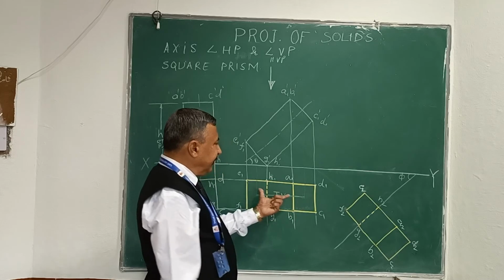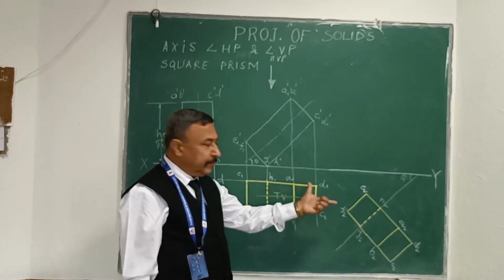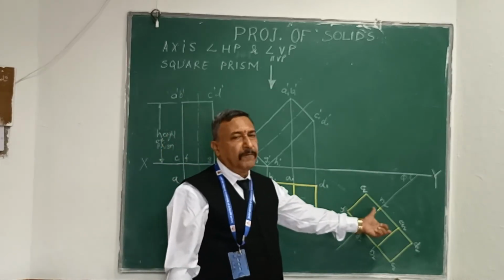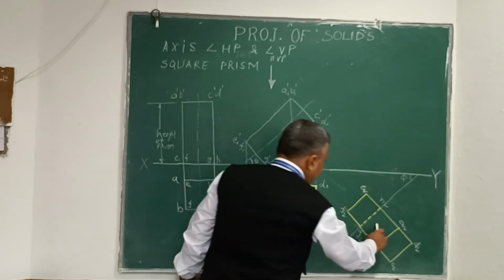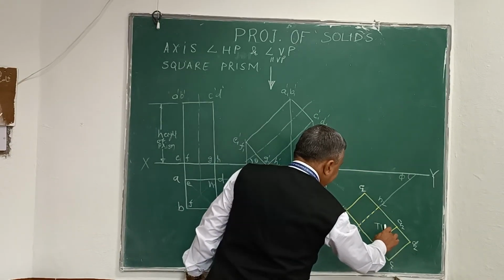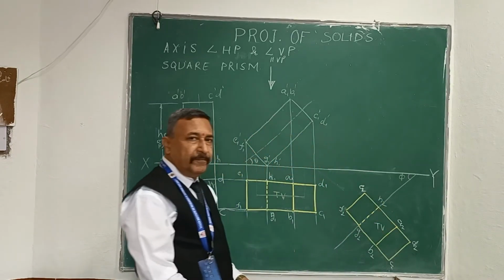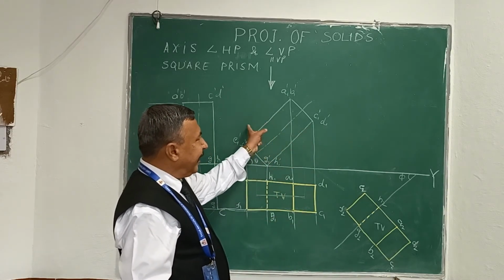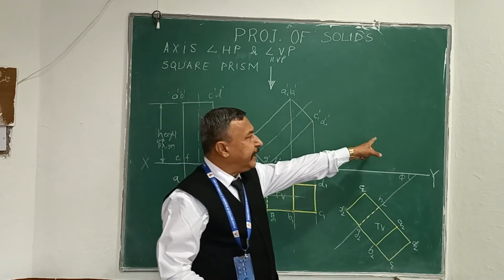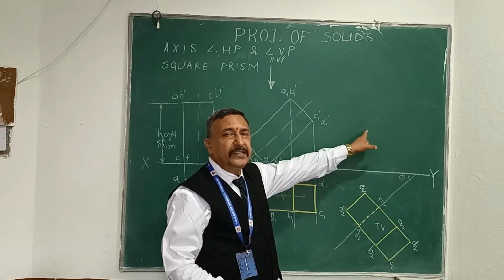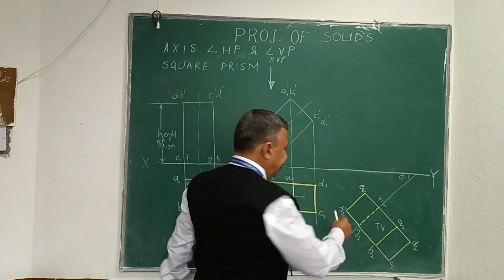This is the next position of the top view. This is a top view and this is also a top view. Both are the same, so we can write top view here also. Now project it and take the locus from this view and complete this front view. This is our final position.